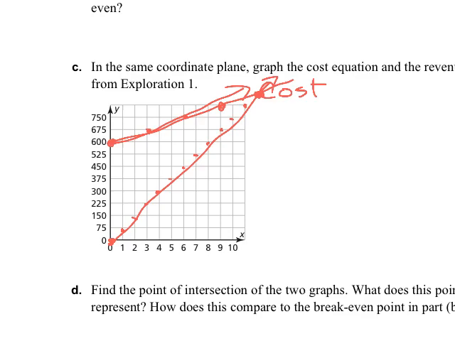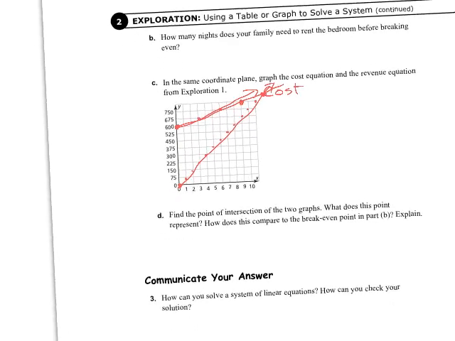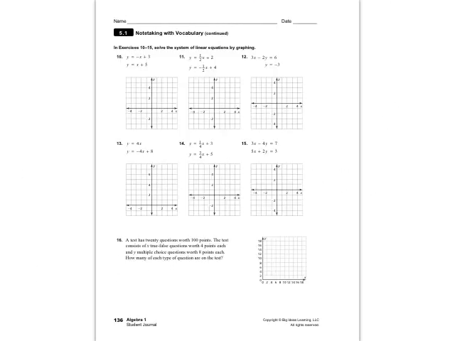All right, so essentially what we're looking at here is the break-even point. If you go to the basic skill level, all we are literally doing is graphing two equations on the same line, seeing where they cross, okay? So let's practice basic skill level on three.